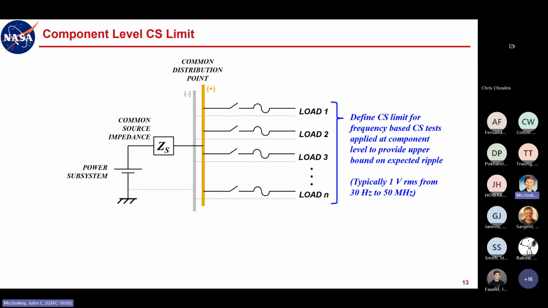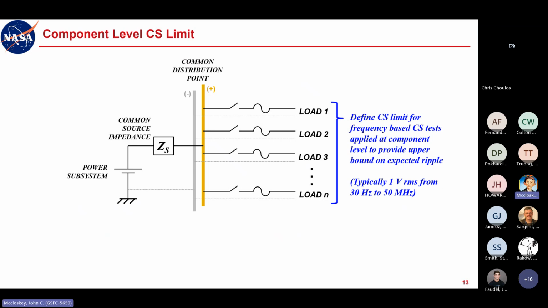And then we very conservatively translate that to a level where, for frequency swept conducted susceptibility tests, we'll apply 1 volt RMS over the frequency range of 30 hertz to 50 megahertz.